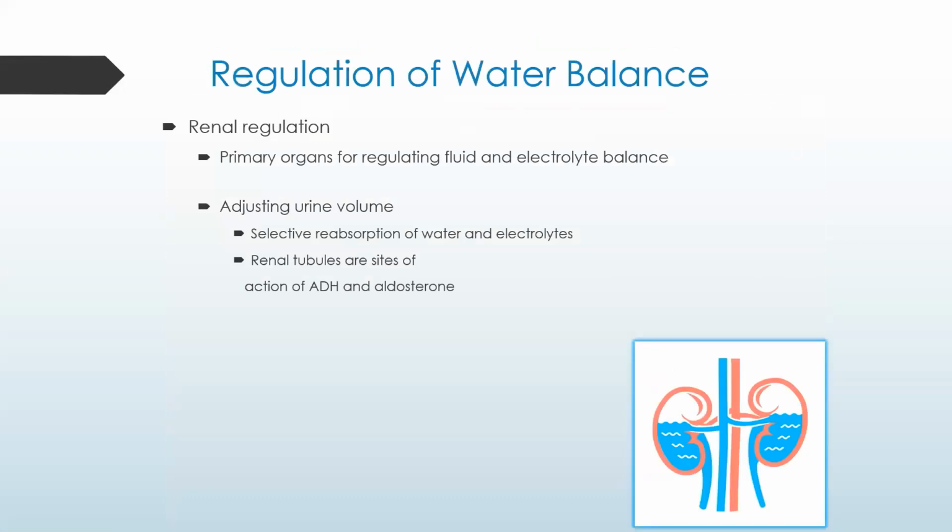The kidneys are the major regulator of water and sodium balance. If the body loses even 1 to 2% of its fluid, the kidney takes steps to conserve water. An important step involves reabsorbing more water from the filtrate, which produces a more concentrated urine.